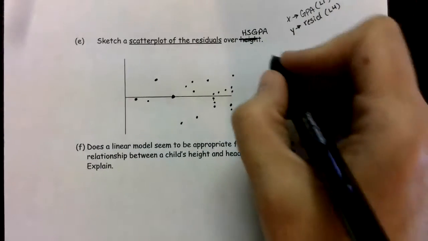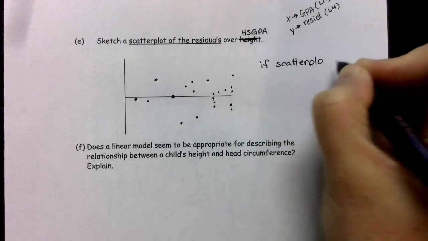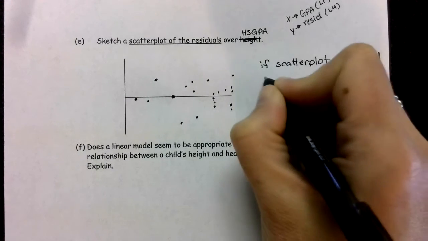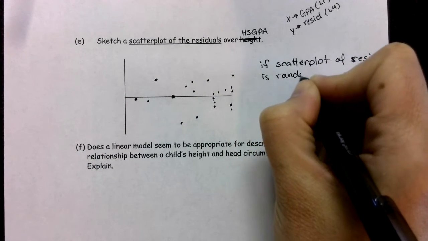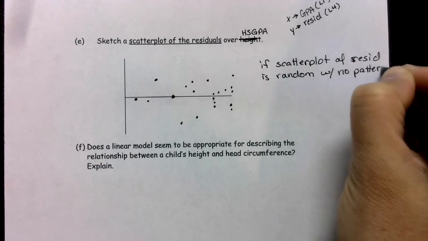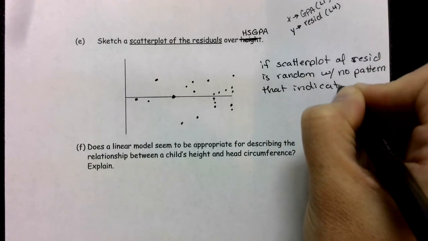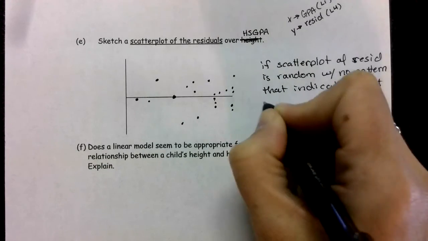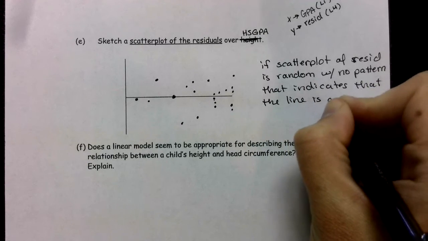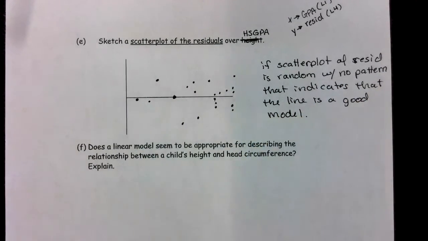So the whole idea here is if your scatter plot of residuals is random with no pattern, that indicates that the line is a good model.